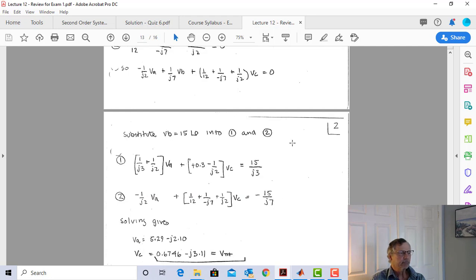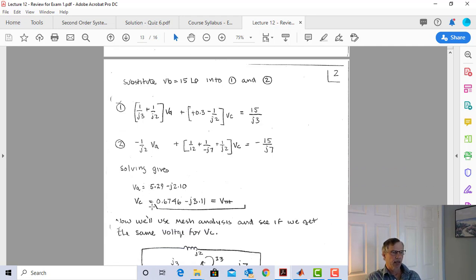And looks like in this case, I substituted VB equals 15 at an angle of 0 into 1 and 2, and then I ended up with 2 equations and 2 unknowns. If I was being lazy, I would have left it in 3 equations and 3 unknowns, even though VB wasn't unknown. But either way, whatever works.